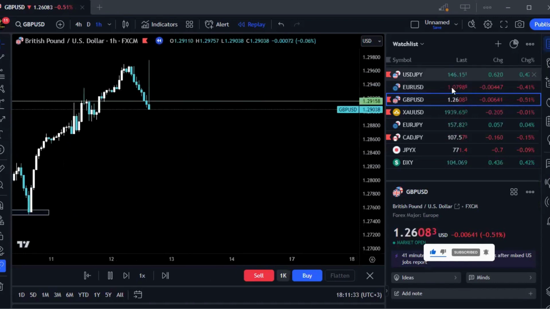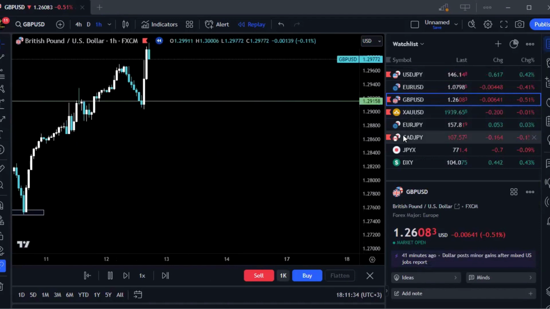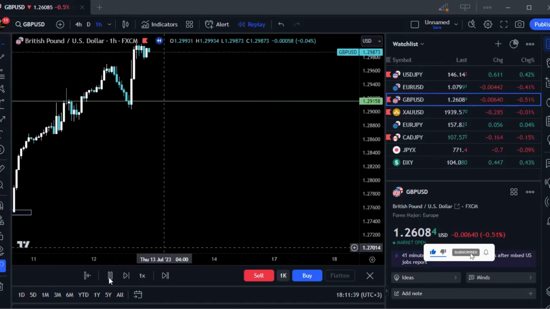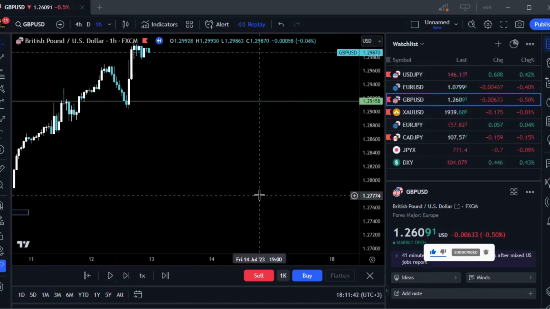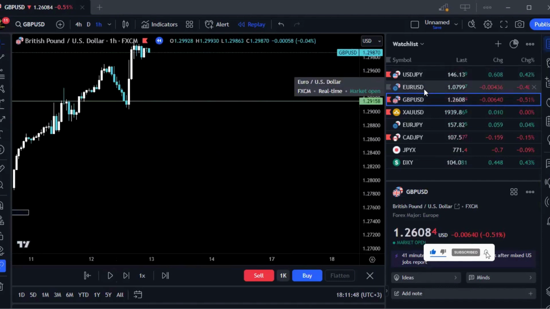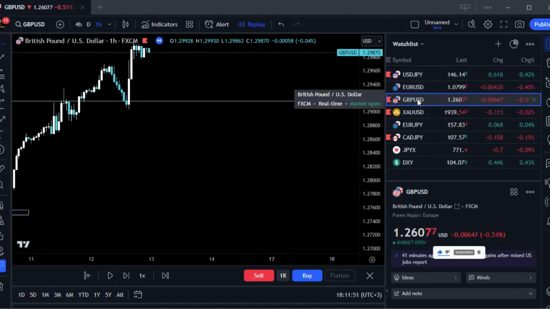That's UJ and CAD JPY. All the other pairs proved to be profitable and with very good results. We found ways to actually improve on our edge, even on the pairs that are already winning, so that we can have a sharper edge.